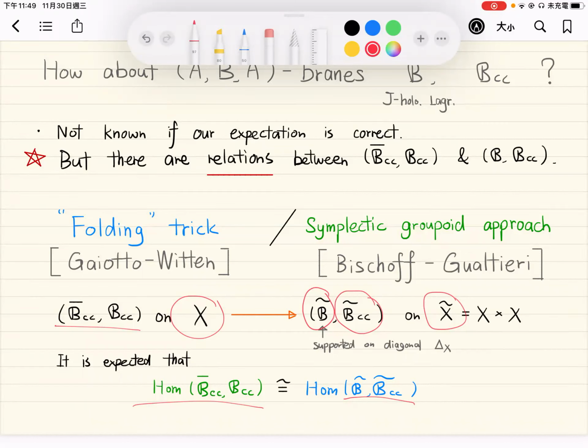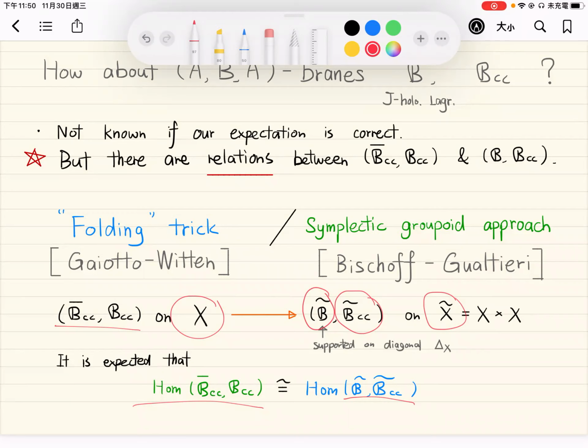Maybe on the double manifold X tilde, because this is also hyperkähler, if we suitably choose a generalized hyperkähler structure, then the B tilde and the B_cc tilde are also hyperbranes. Then we can try to relate the problem of finding an Sp1 symmetry for the Hom of B tilde and B_cc tilde, and relating them to the Sp1 symmetry acting on the morphism space for the B_cc-bar-B_cc system.